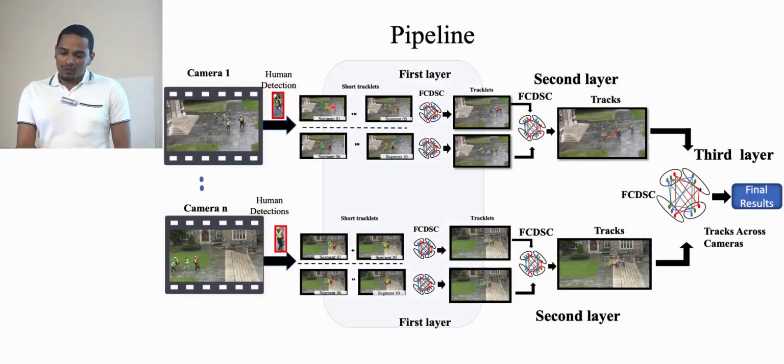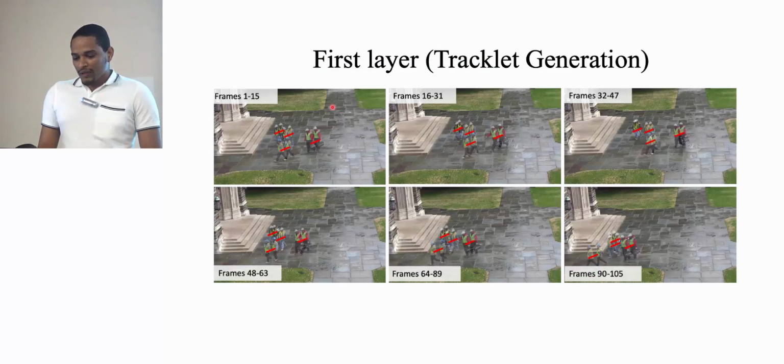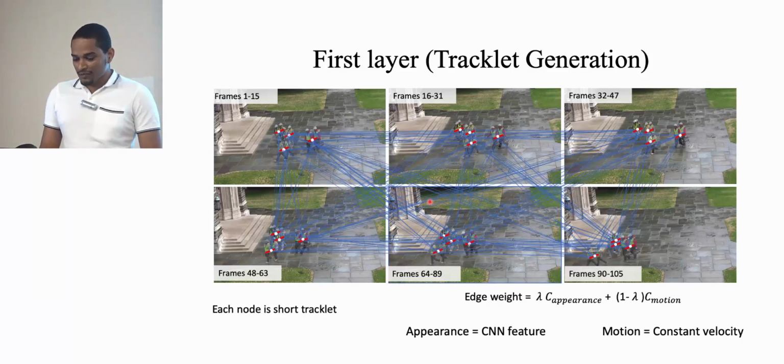Now let's see how we generate these tracklets using fast constraint dominant set in our first layer. As I said, we will split the videos into several segments where each segment contains, in this case, 15 frames. We have 6 segments here. As you can see, we have these short tracklets in each segment, and then we will build this fully connected graph where the short tracklets are the nodes, and every short tracklet in one segment is connected to every other short tracklet in all other segments.